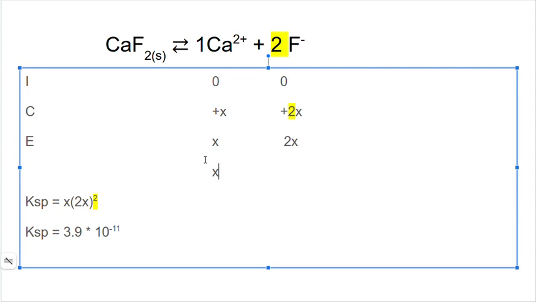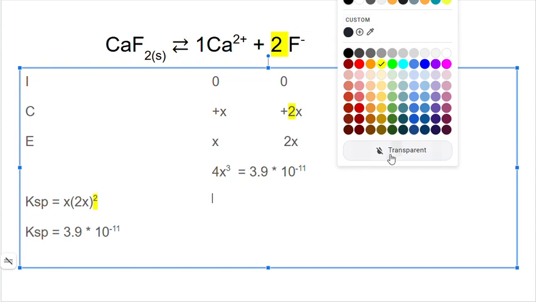It would be 4x cubed is equal to 3.9 times 10 to the negative 11th. I hope you can see I skipped a step: x times (2x) squared together becomes 4x cubed, and I've just set them equal to each other. And now, with a little bit of fancy algebra, and if you don't know how to do that algebra, please come see me.